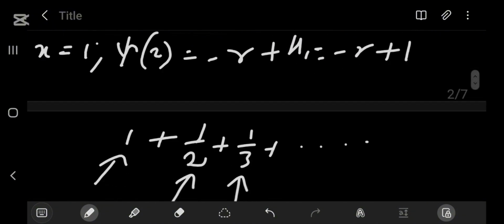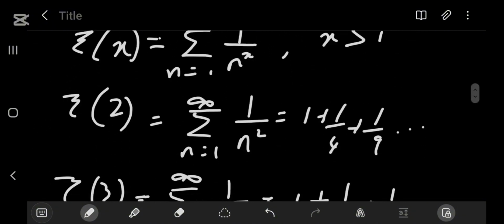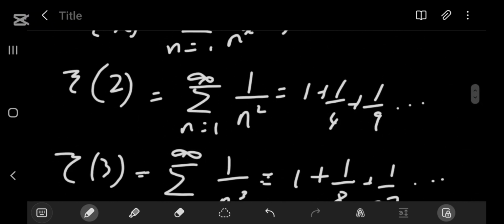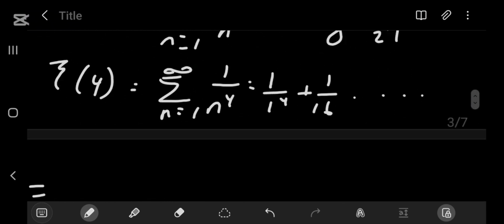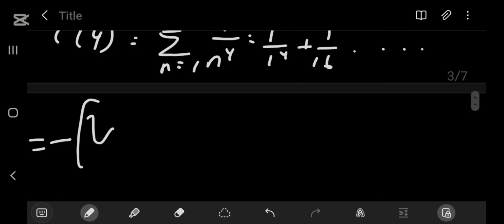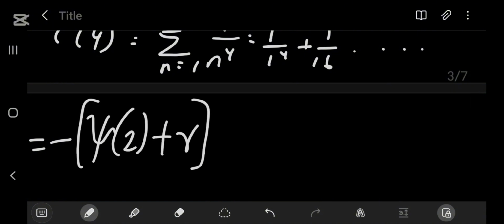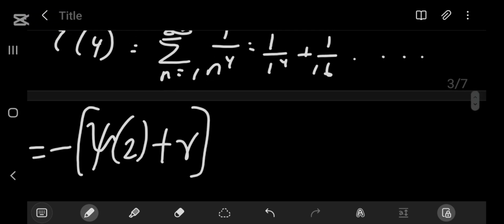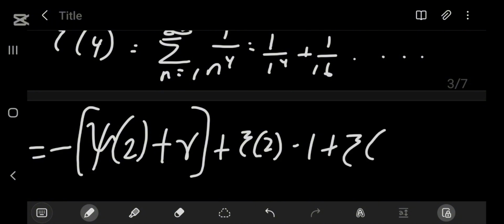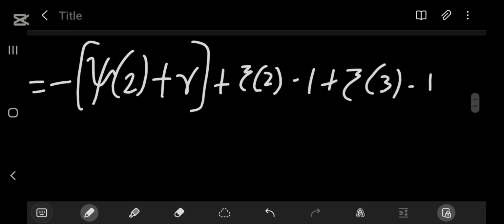So we can write these formulas as minus digamma of 2 plus Euler-Mascheroni constant, and we can write this as plus zeta of 2 minus 1, because we are cancelling the first term out, plus we can do the same thing, zeta of 3 minus 1, plus zeta of 4 minus 1.